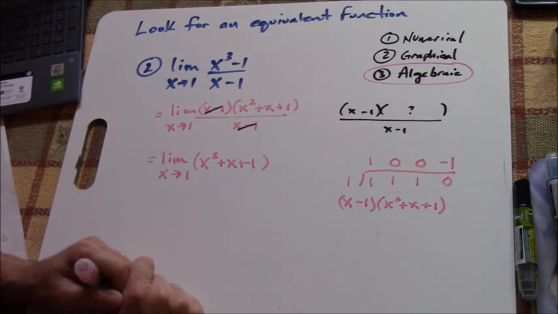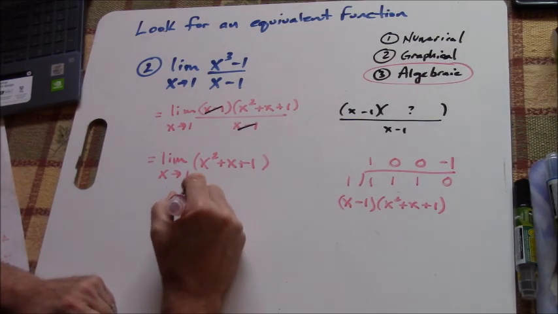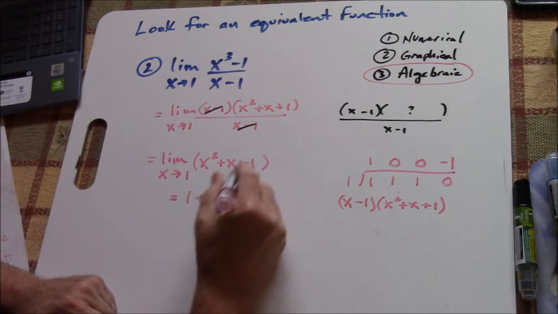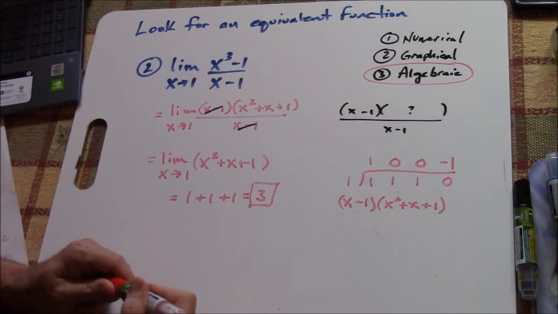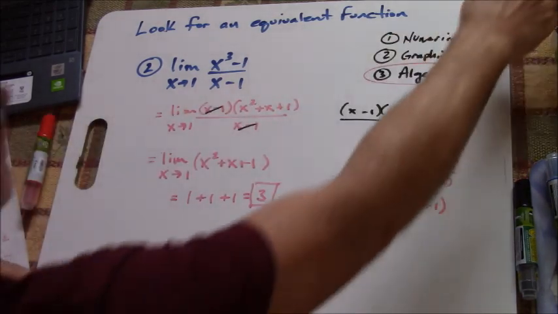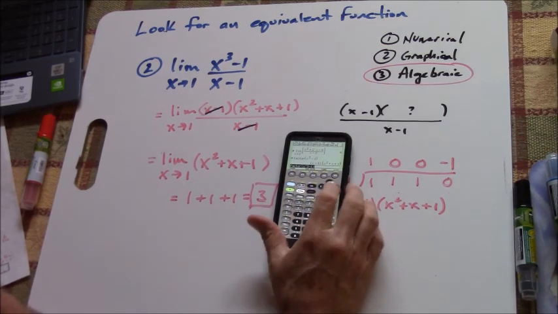All right. So now I can plug the 1 in, and so what I'm going to get is 1 squared, that's 1. Plug in a 1 there, and I got that 1, and so my answer is 3. There's my answer. If I want to check that on the calculator, I'll clear this.